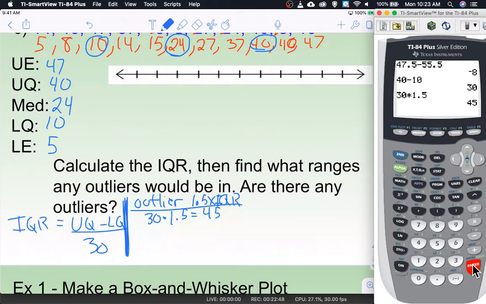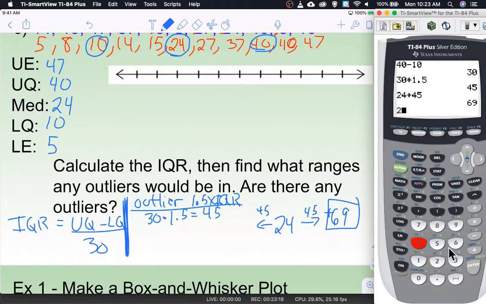So that would give me, let's see, 24 is my median. If I go up and down by 45, what values do we get? So 24 plus 45, anything that's 69 and bigger is an outlier.